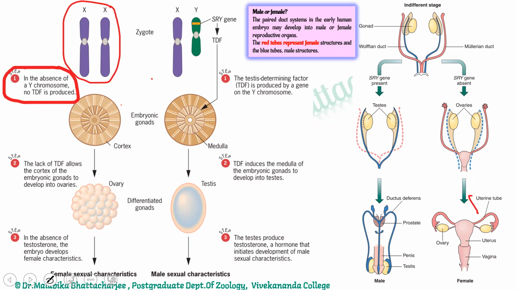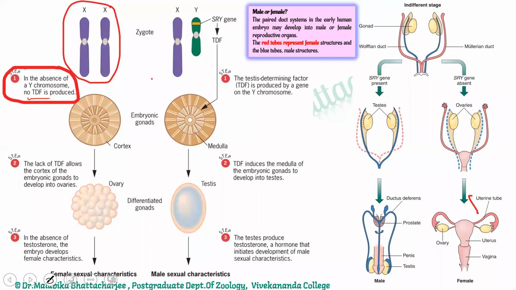The Sry gene encodes a protein that causes the undifferentiated gonadal tissues of the embryo to form testes. This protein encoded by the Sry gene is known as the testis determining factor, TDF. Once more, the Sry gene is present in males and encodes a protein that causes the undifferentiated gonadal tissue of the embryo to form testes.